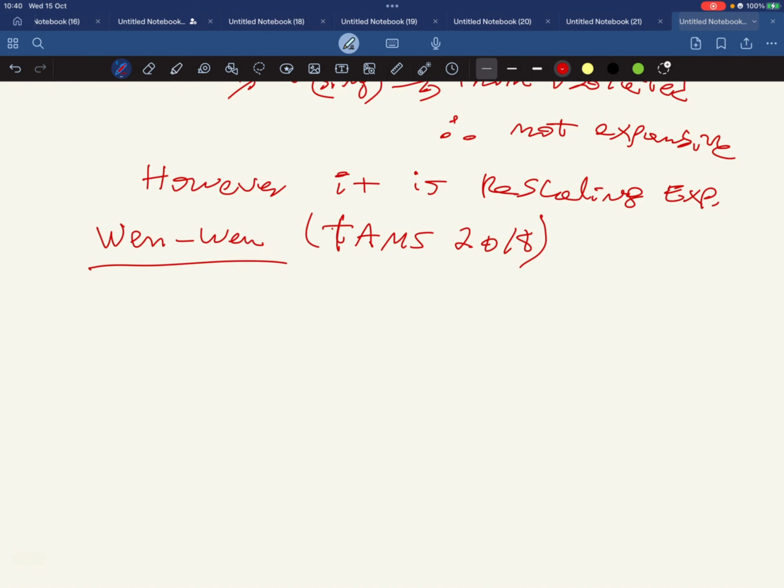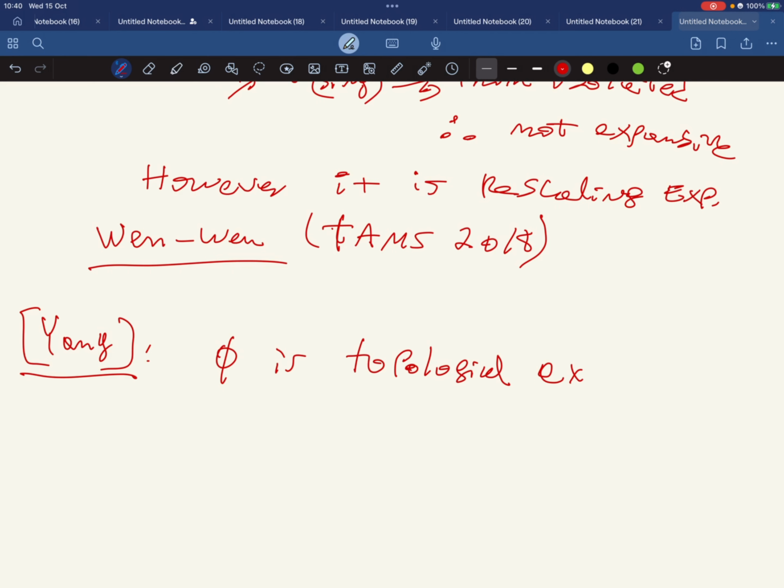Now, okay, Yang proposed the following definition. We say phi is topologically expansive if for every number epsilon positive there is a function delta in C plus X. I have to mention what C plus X is.